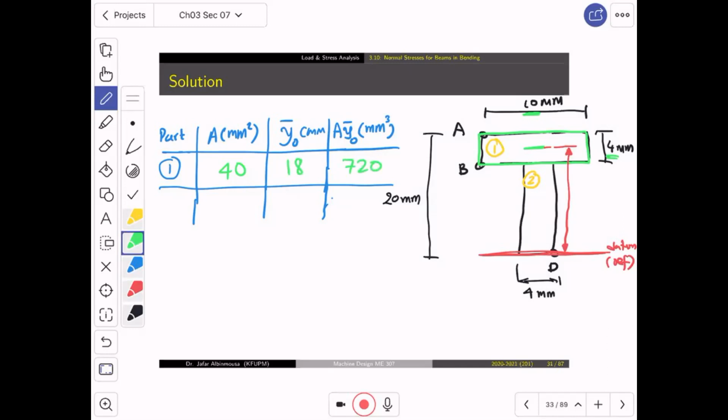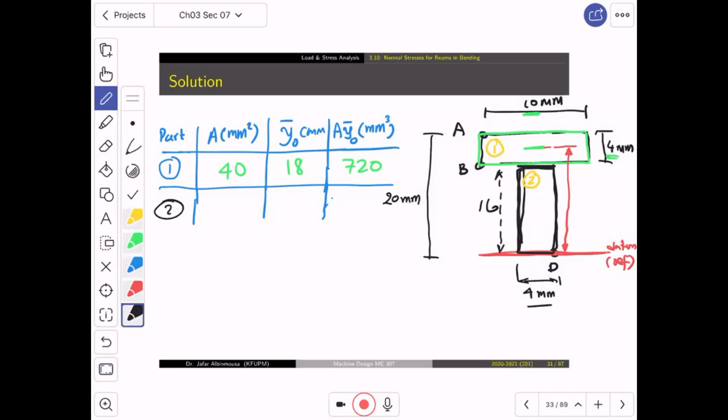Then we go to number 2. Number 2, let me make it probably in red, maybe, or black. So number 2, which is this part now. Okay. Now this one has an area of how much? This distance is 16, and this one is 4.